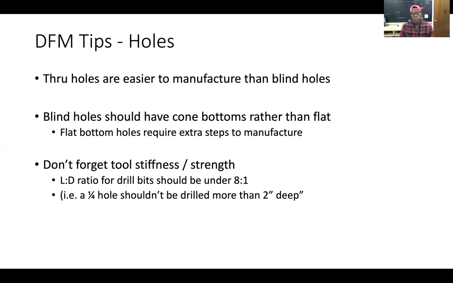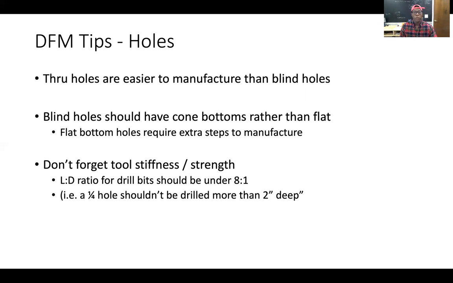But sometimes blind holes aren't avoidable. We have to use them. We want to make sure that we use a cone bottom rather than a flat bottom unless it's absolutely necessary. You might also recall that the flat bottom requires an extra step, because that's a separate tool that makes the bottom flat instead of a cone bottom.